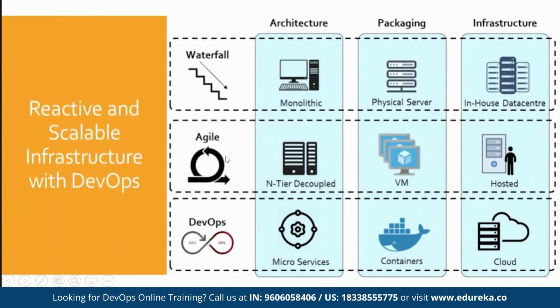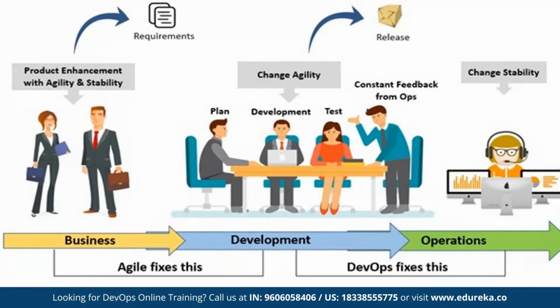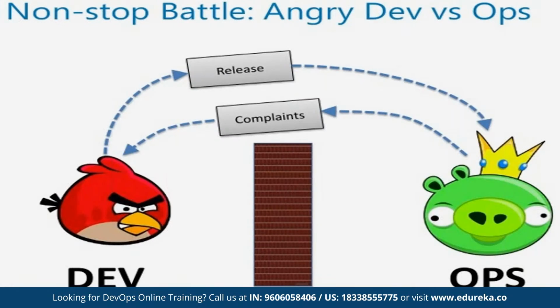It is a kind of progress which we made, but still there is a lot to go. Still, there is one major problem which we see most of the times. This is the problem. As a developer, you understand everything that's happening on the development side. You know what code changes have to be done.